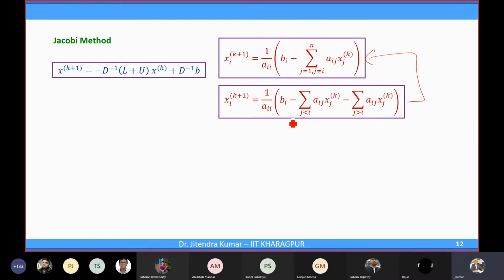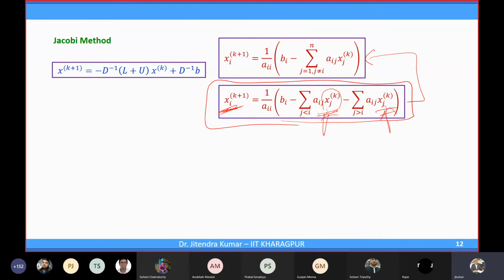Now you just pay your attention here in the Jacobi method, because I'm going to introduce the other one, the Gauss-Seidel method. Here the first sum has x_j moving up to less than i, so we are computing the ith component. The first sum is using x_j's before i, and the second sum is using x_j's after i: i plus 1, i plus 2, and so on.